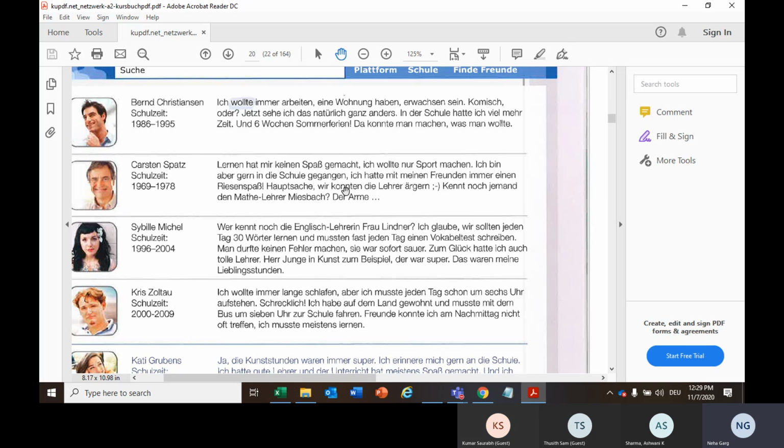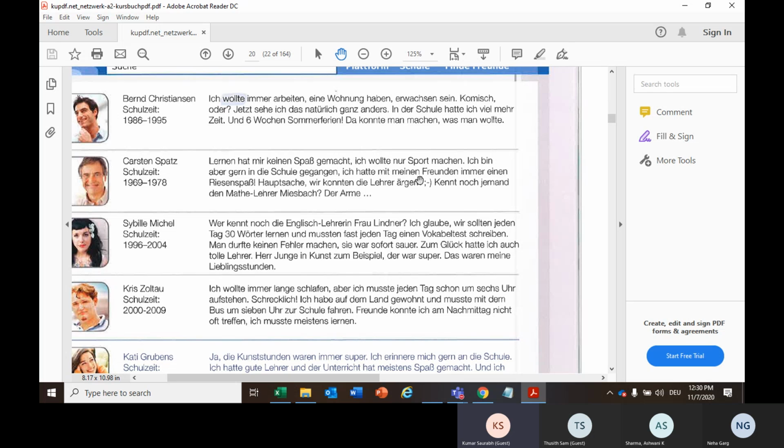Like to have a lot of fun. So he used to have a lot of fun with his friends, and he is talking about his math teacher, whose name is Miesbach. So all this I understand from this paragraph. Okay. So let's understand from the beginning.